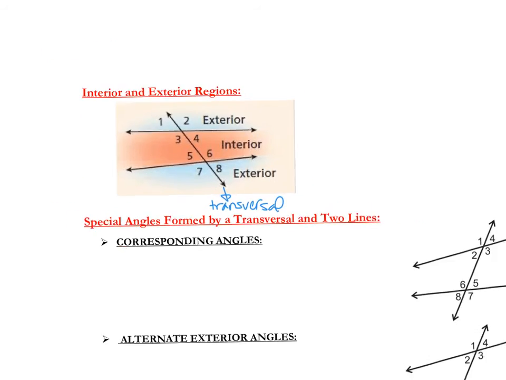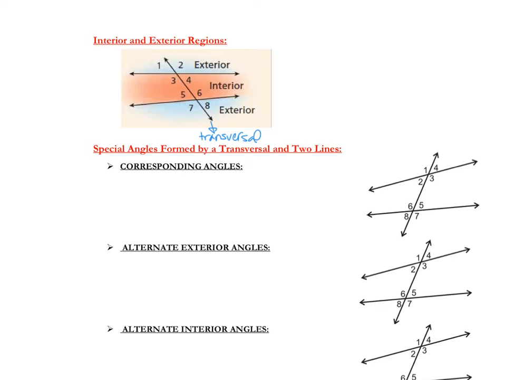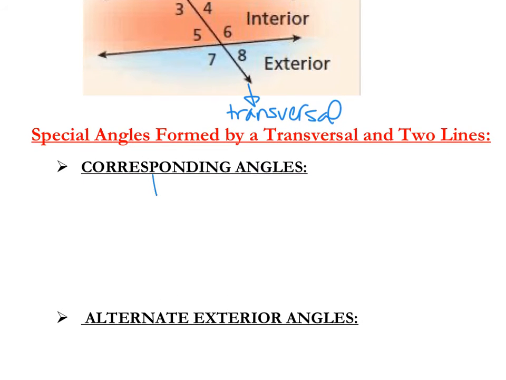And then there's a whole bunch of information that we can work with here, and we're going to work more with it in our next lesson, but for now we're just going to learn about them. So first of all, corresponding angles, basically what that means is the same spot or the same location with respect to the transversal.